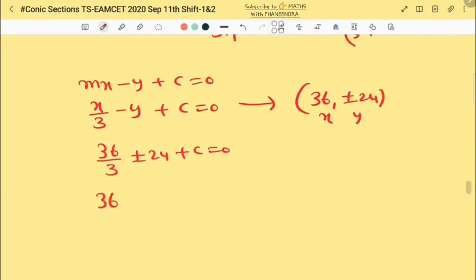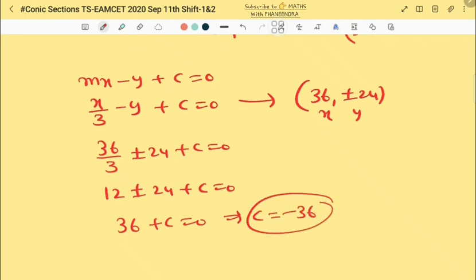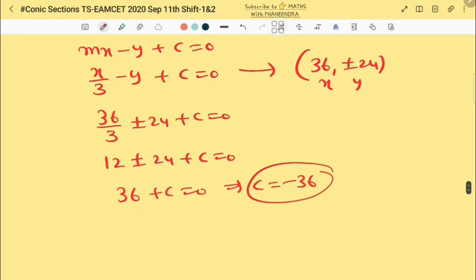So 36 by 3 means here 12 will come, dear students. So 12 plus or minus 24 plus c. 12 plus 24 means 36, plus c equal to 0. So c is equal to minus 36. And if you do minus, c is equal to 12 will come.